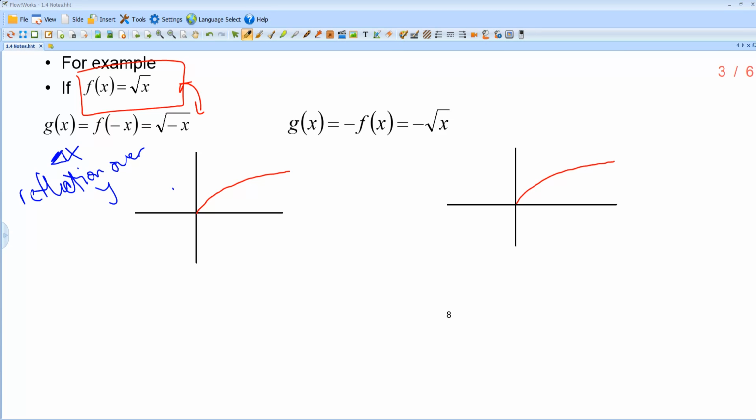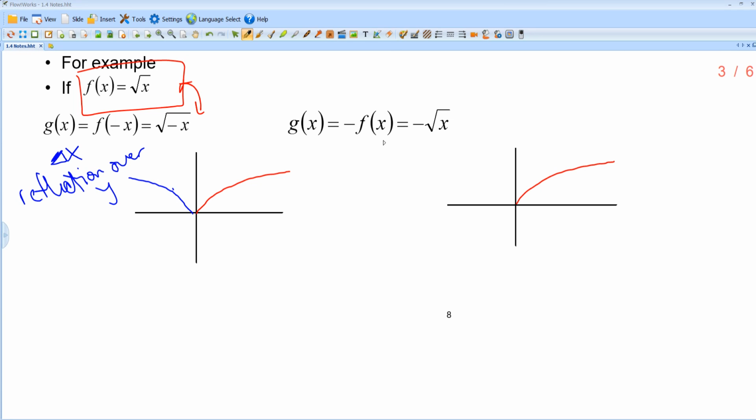I would want to see this written as a reflection over y. That's telling me verbally that you know what you're supposed to be doing, and then the graph tells me that you know what that's supposed to look like. Now if I'm reflecting this over y, I'm just picking up each one of these points and flipping it over here. Notice it's like a mirror image.